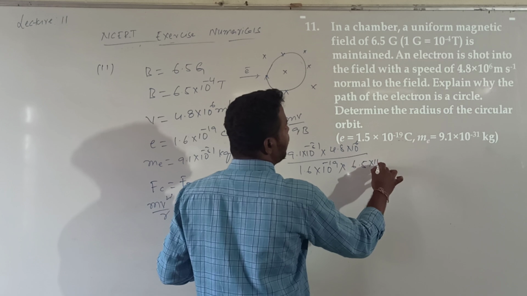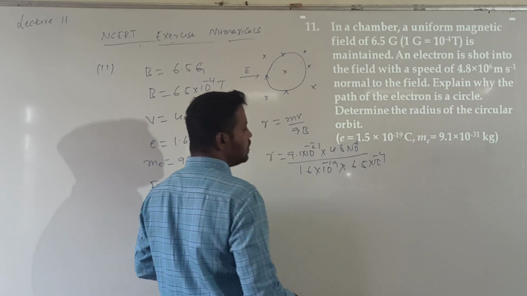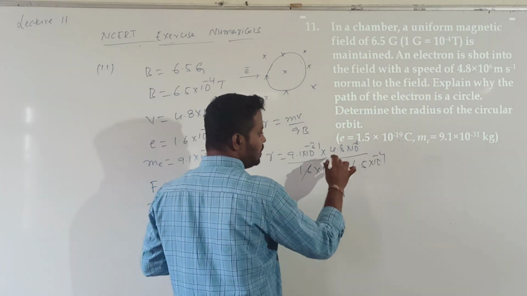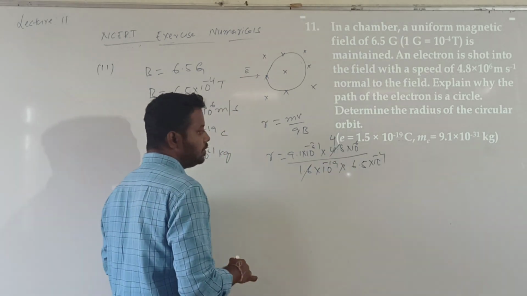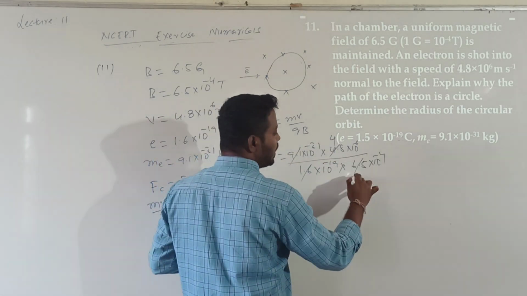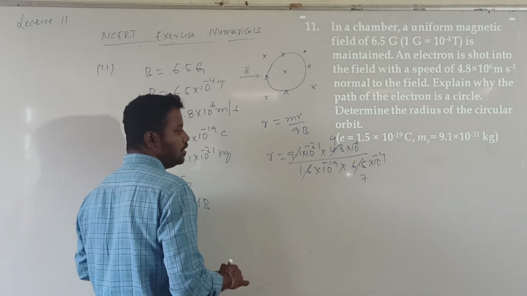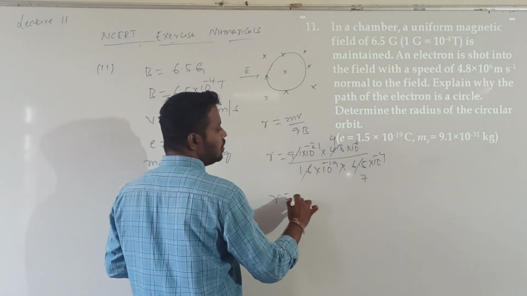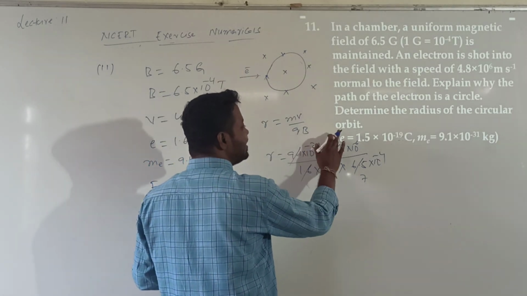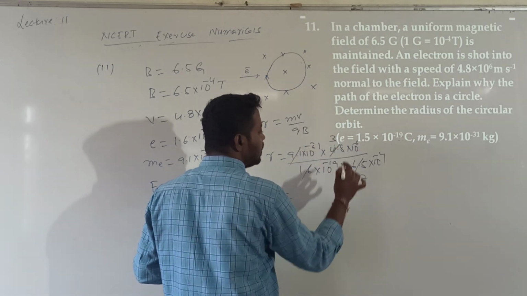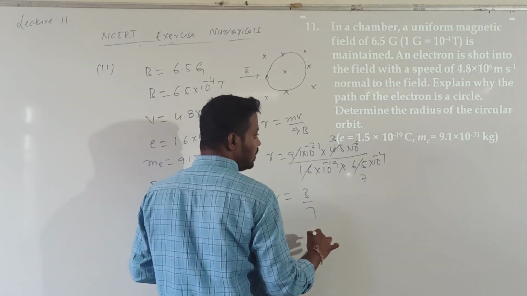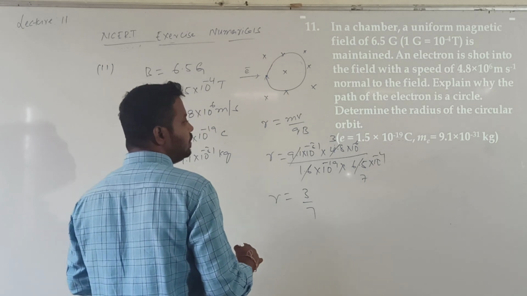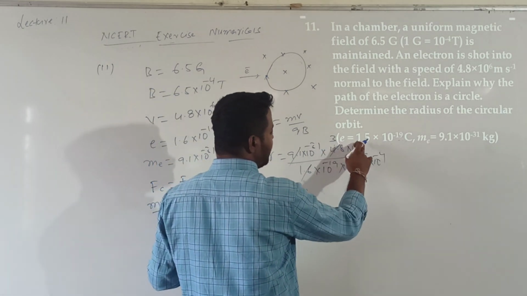6.5 into 10 power of minus 4. So simplify this. The 1.6 ones are 1.6, the fours are 9.1 ones, approximately it will go off 7 times. So what will we get for the R value? R value is 3 divided by 7 into 10 power of plus 6.